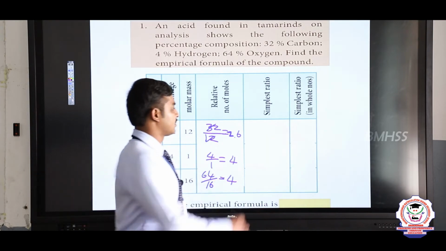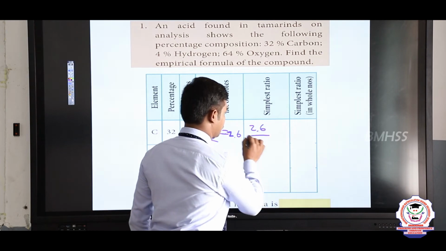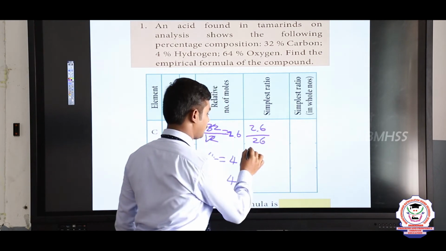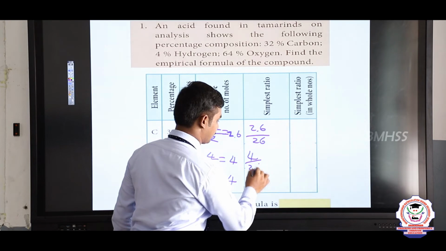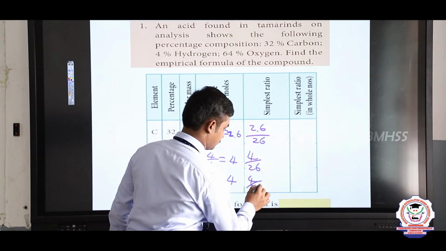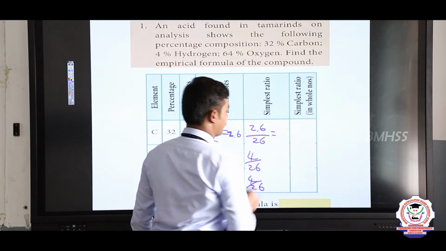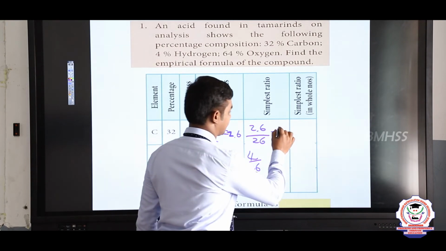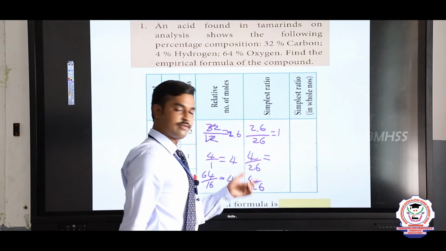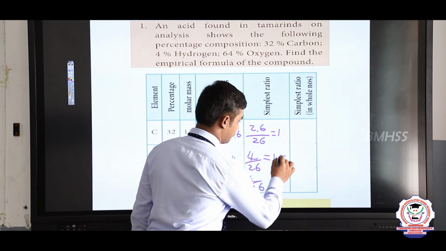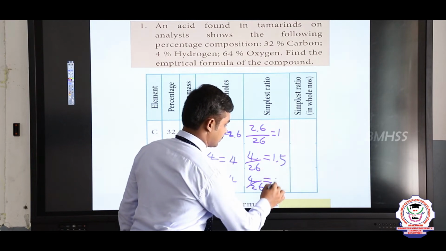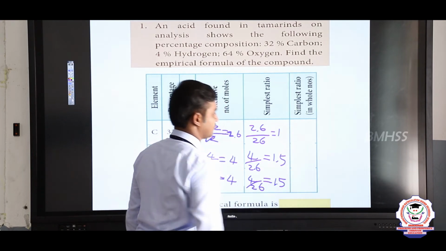We need to divide all the numbers by 2.6. 2.6 divided by 2.6 gives 1. 4 divided by 2.6 gives 1.5. We obtain the same answer for the third one.